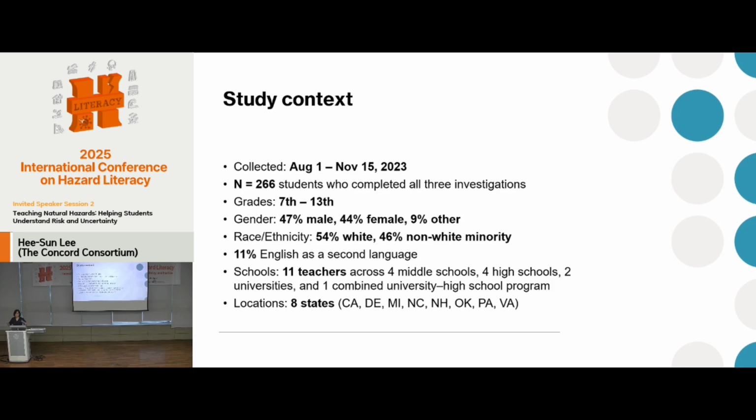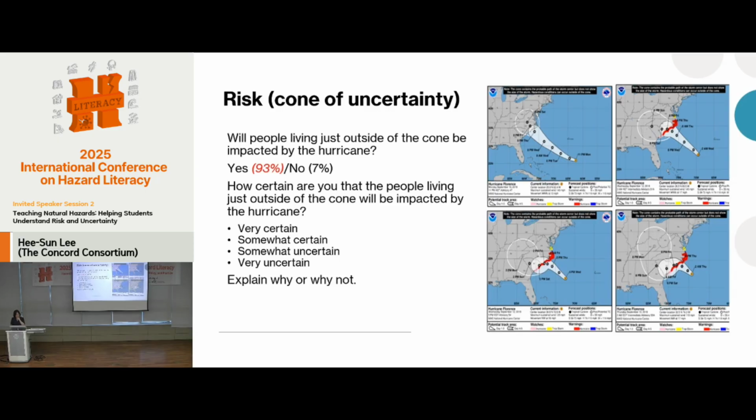And it generally shows the breadth of students from early middle school through early college. So this is the exact type of task that we gave to students in the online module. In this particular cone of uncertainty task, 93% of students said yes.